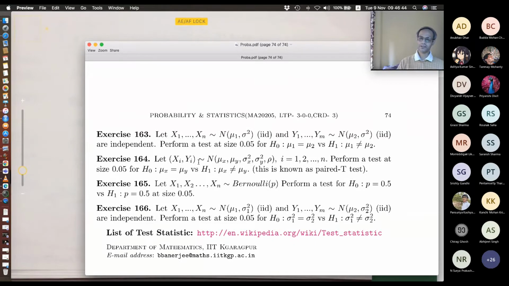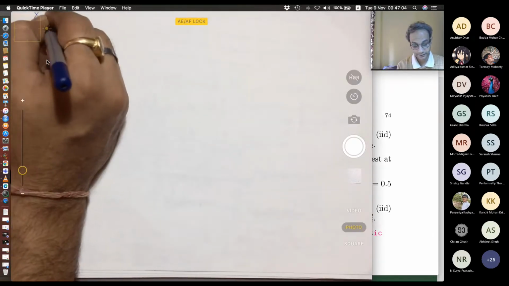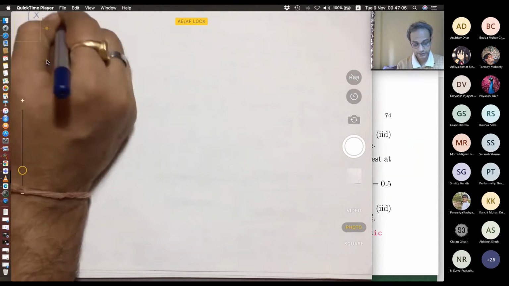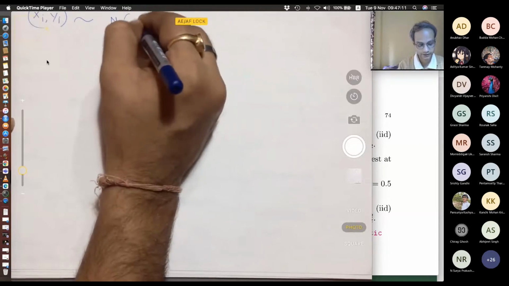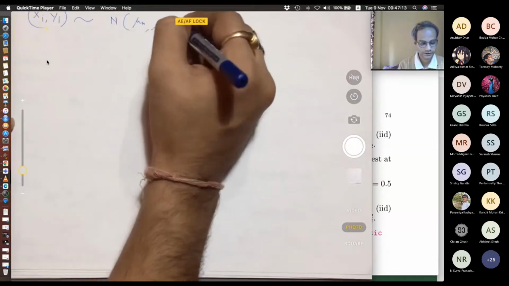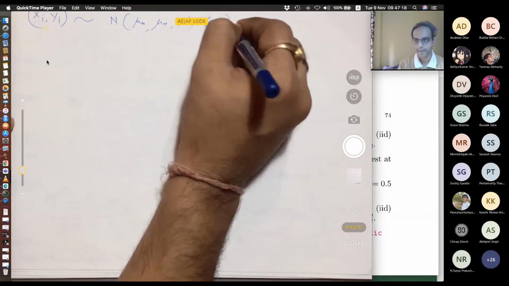So under the assumption that they are jointly normally distributed, that means bivariate normal distribution, you can construct a test which is known as the paired t-test. Okay. So it is a very simple application of whatever we have learned so far. So let us say xi, yi jointly follow normal 2 or bivariate normal, mu x, mu y, sigma x squared, sigma y squared, rho.